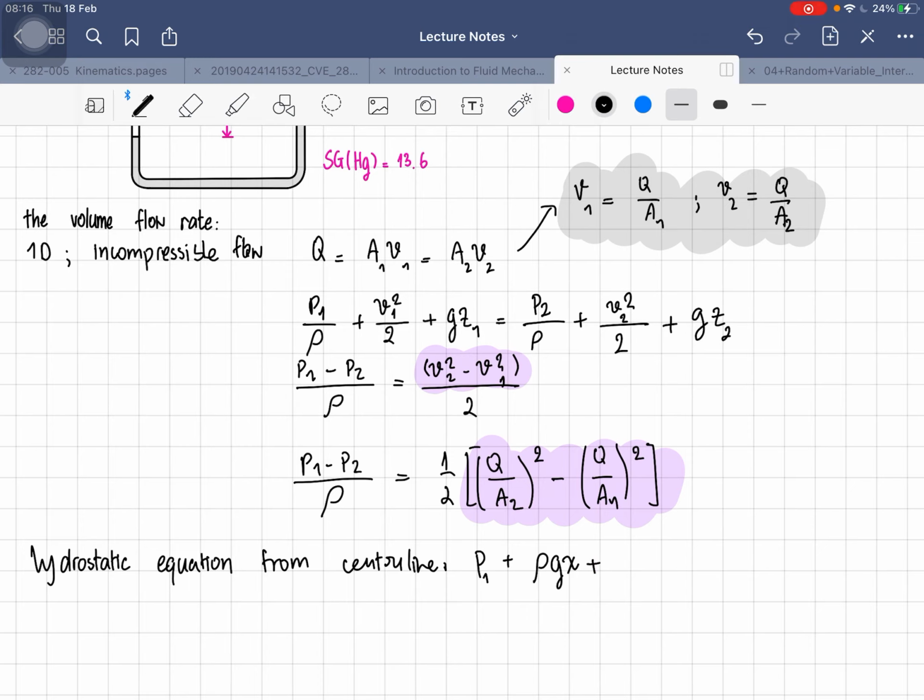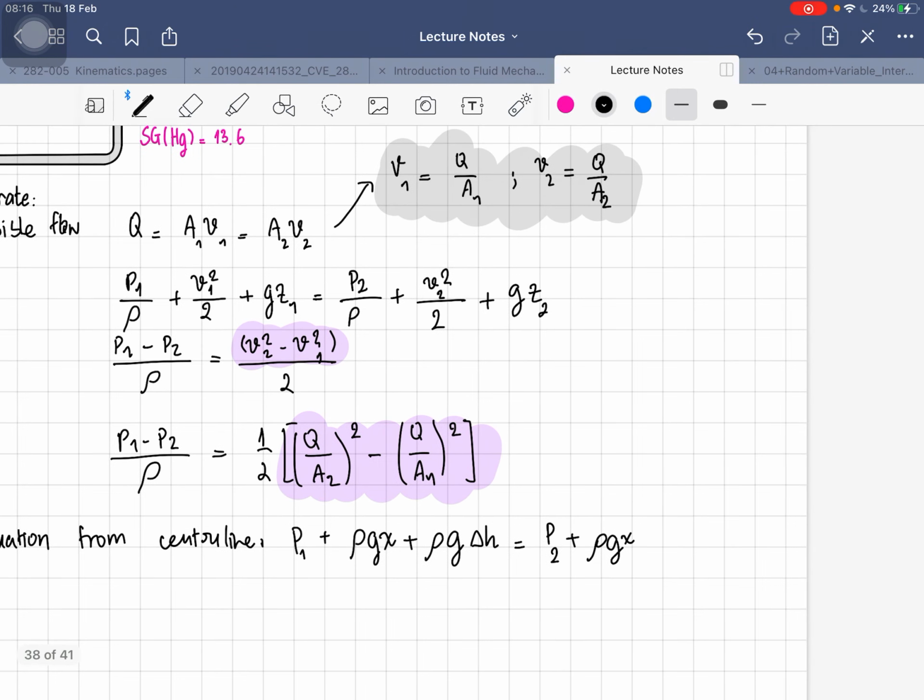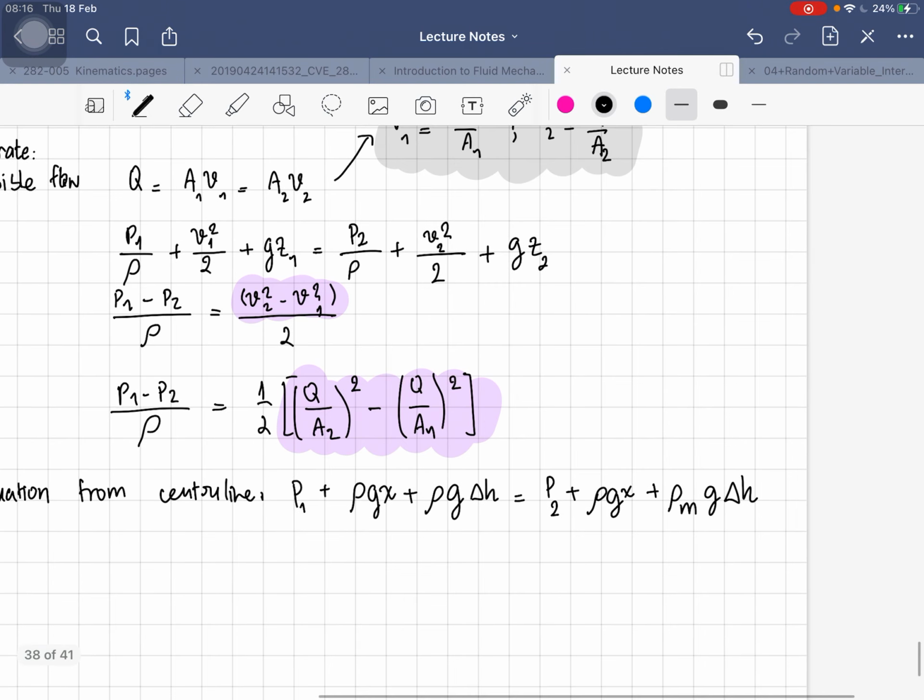Then we have rho g, I mean this one, g, and delta h equals to the density here plus, with another side of it, I mean, plus with this one, another density, g and delta h.